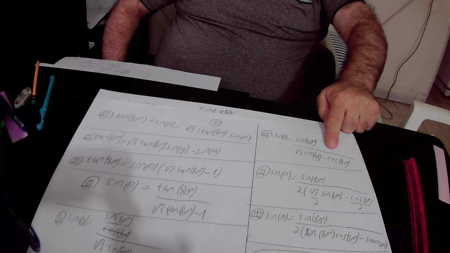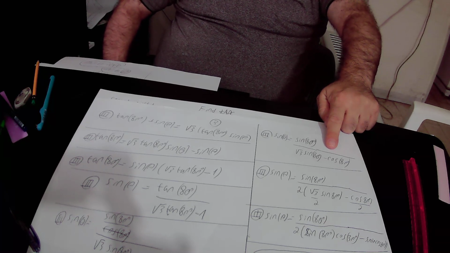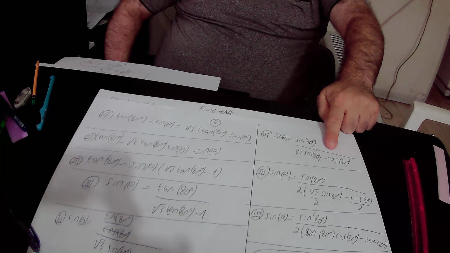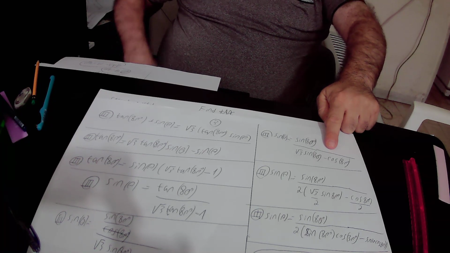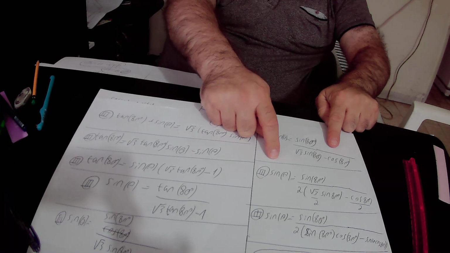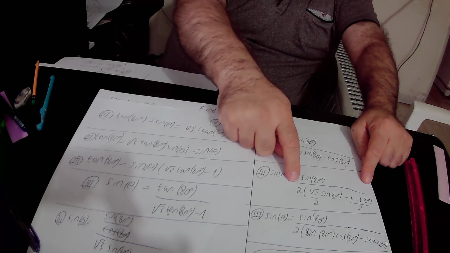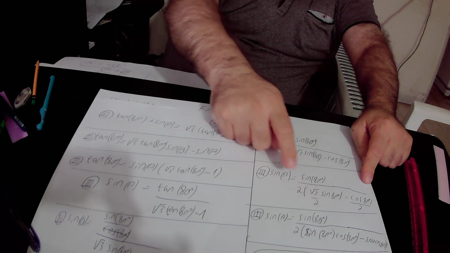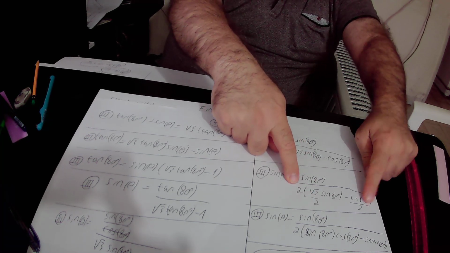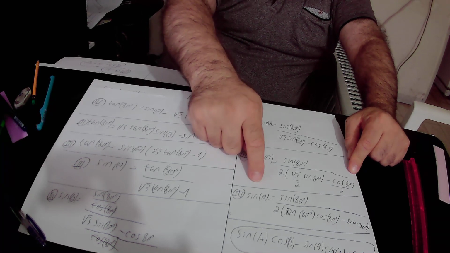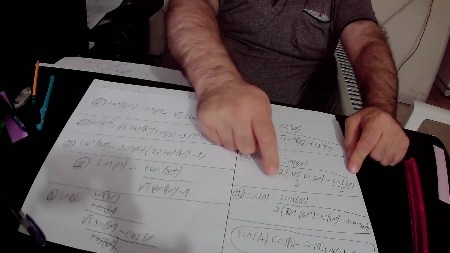It is allowable to multiply anything by 2 and then divide it by 2 because you change nothing. So we got that sine theta equals sine 80 degrees times 2 over 2, so we change nothing.